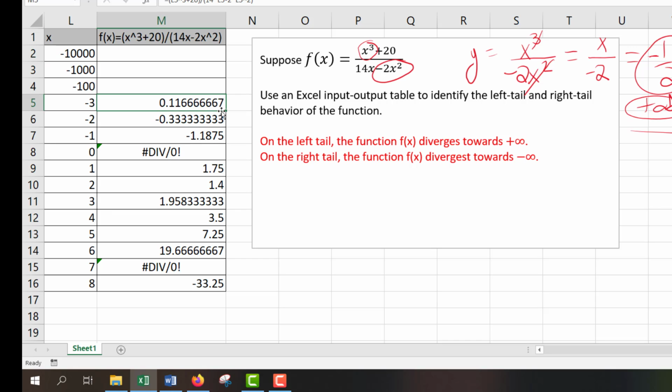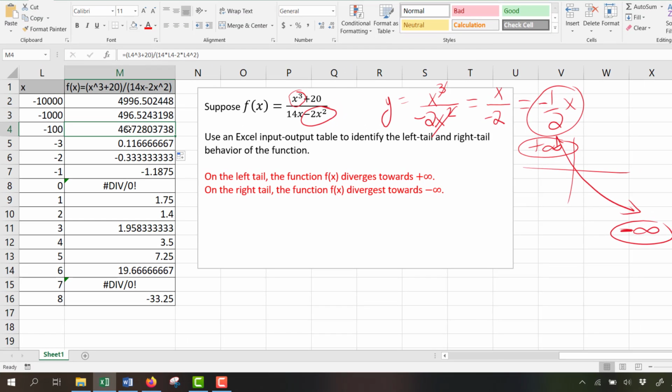I drag the y value formula upward, and I see indeed the y values are 46, then 496, then 4,996. They are shooting up towards positive infinity, just like we said they should. On the left tail, the function diverges to positive infinity.